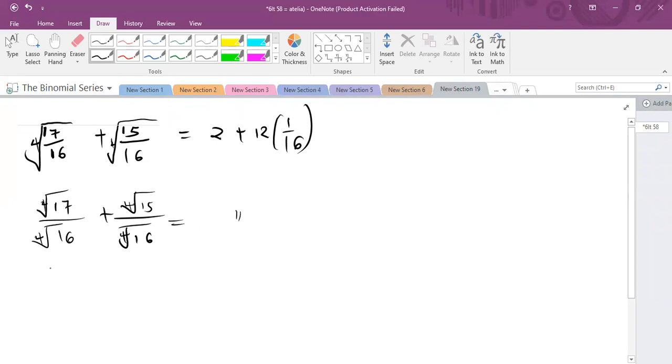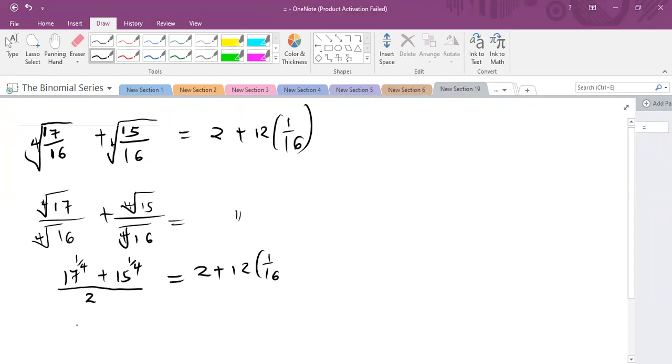I can put this under the same denominator. The 4th root of 16 is the same as 2. So 17 raised to power a quarter plus 15 raised to power a quarter, over 2, is equal to 2 plus 12 (1/16).